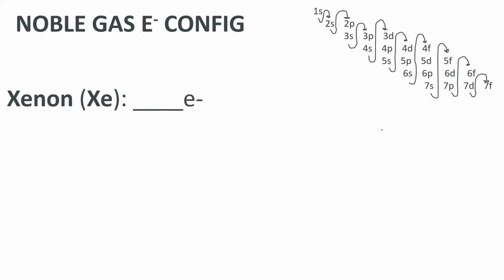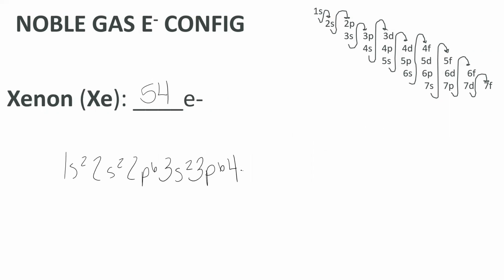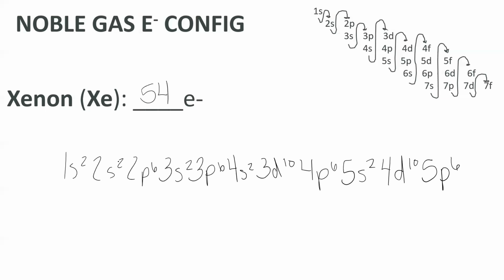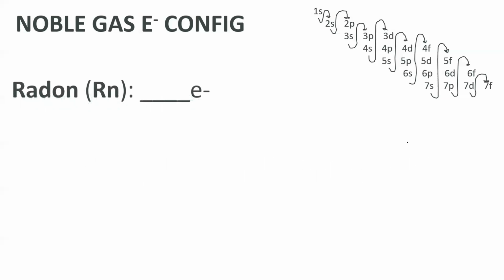Xenon, 54. I have to check because I'm not sure if I went too far. 10, 12, 18, 20, 30, 36, 37, 38, 48. That's good. Okay, so once again, a full last orbital. And last but not least, the longest is radon with 86.